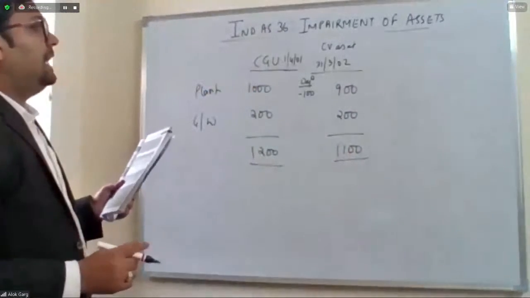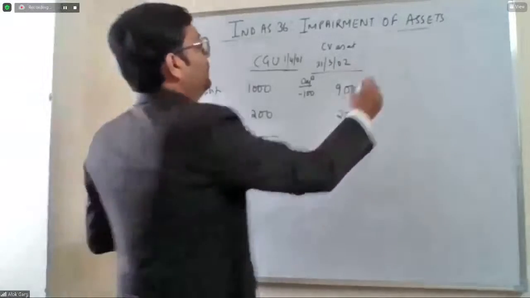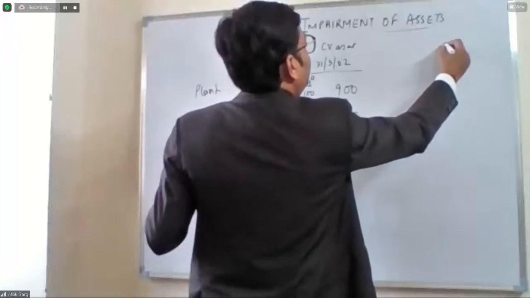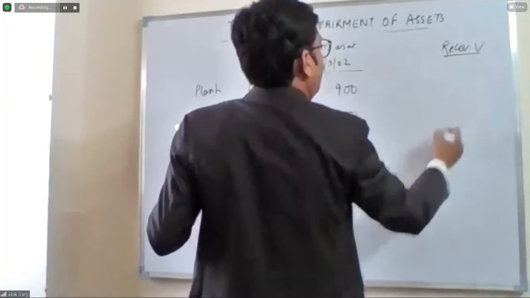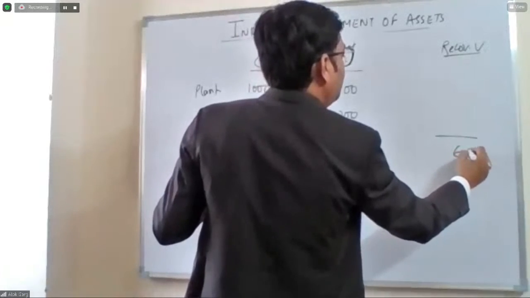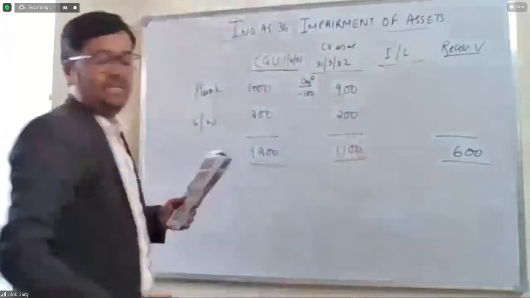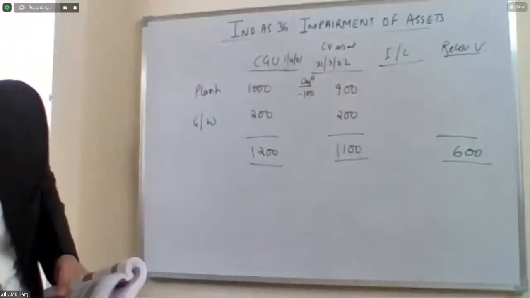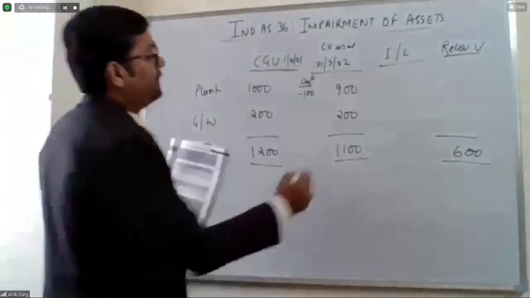Now the recoverable value of the plant is given. So what is the recoverable value? Here the recoverable value is given at 600 crores. And we need to charge the impairment loss. So how to charge the impairment loss here? First of all, what is the total impairment loss?